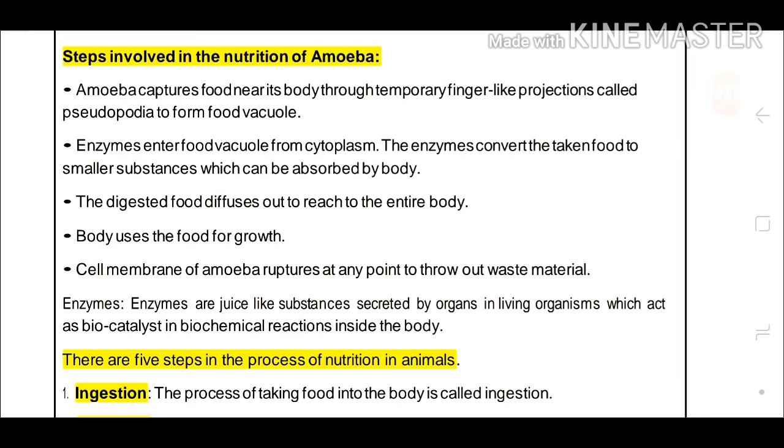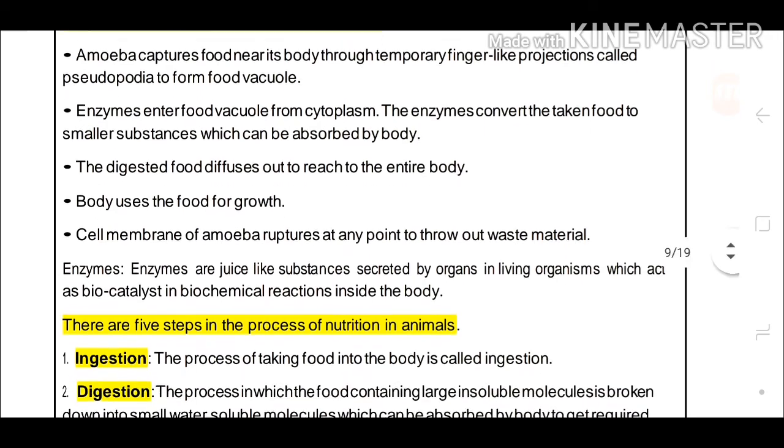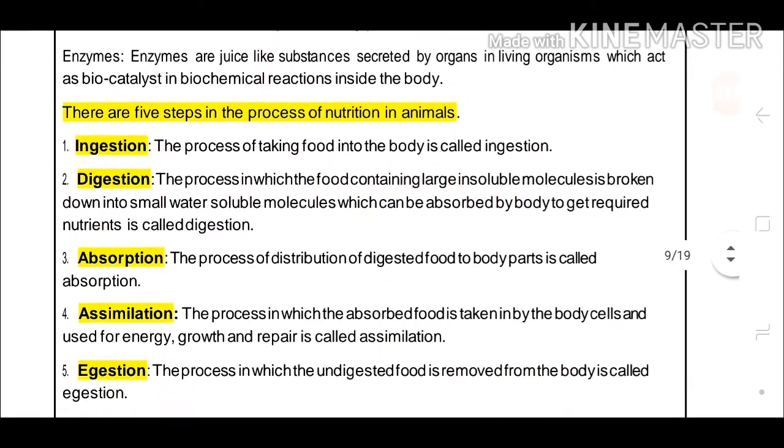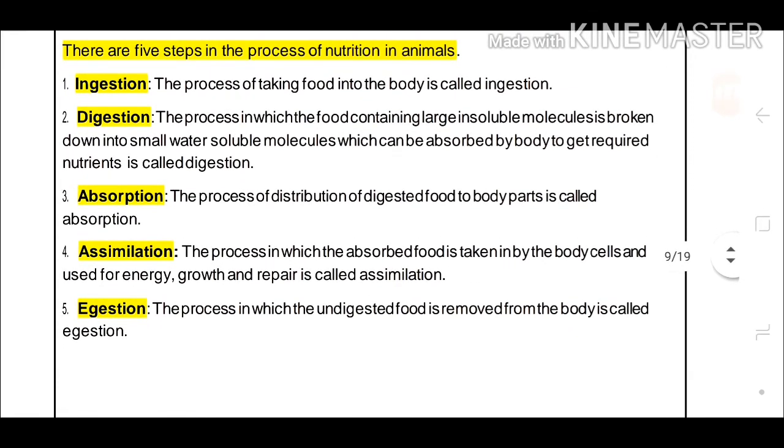Enzymes. Enzymes are juice-like substances secreted by organs in living organisms, which act as biocatalysts in biochemical reactions inside the body. There are 5 steps in the process of nutrition in animals. 1.